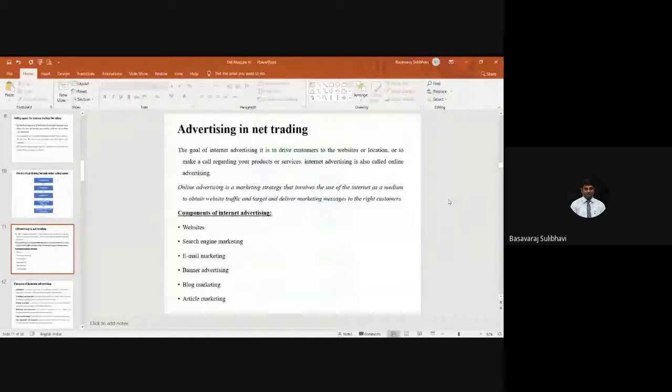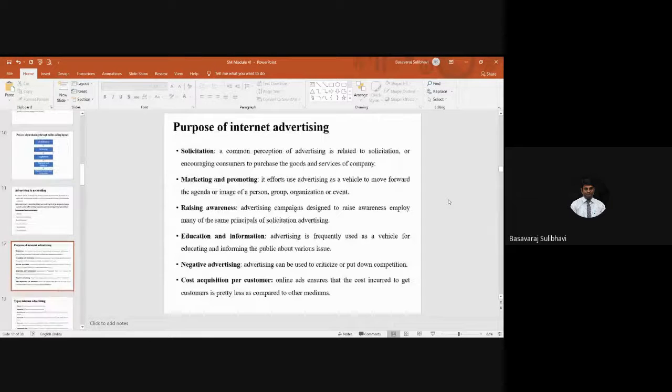Then we have agent advertising in net selling. We can also call it online advertising, which we dealt with. In that, we went through components of internet advertising like websites, search engine marketing, e-marketing, banners, blogs, and article marketing.